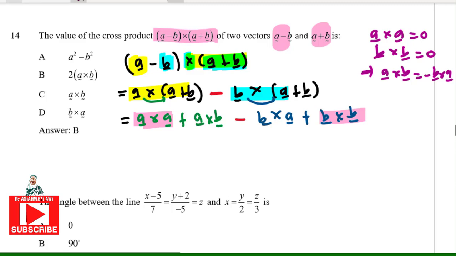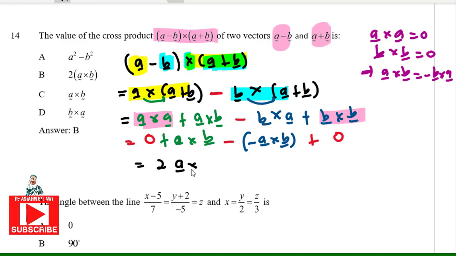So this is 0 plus vector a cross b, minus, b cross a, so the answer is 2 times vector a cross vector b. This is the answer.